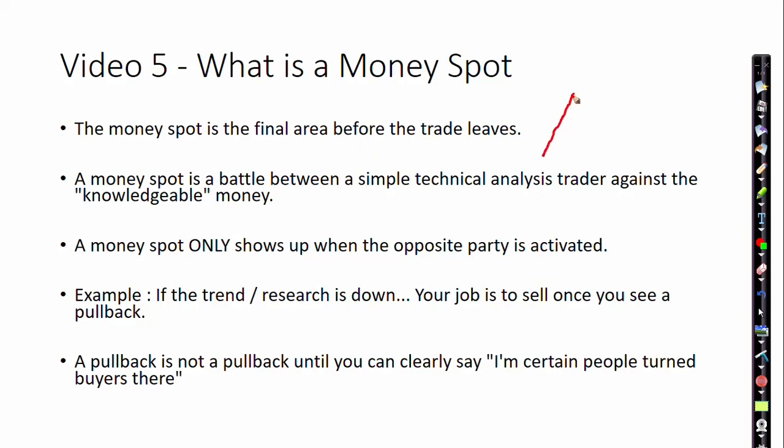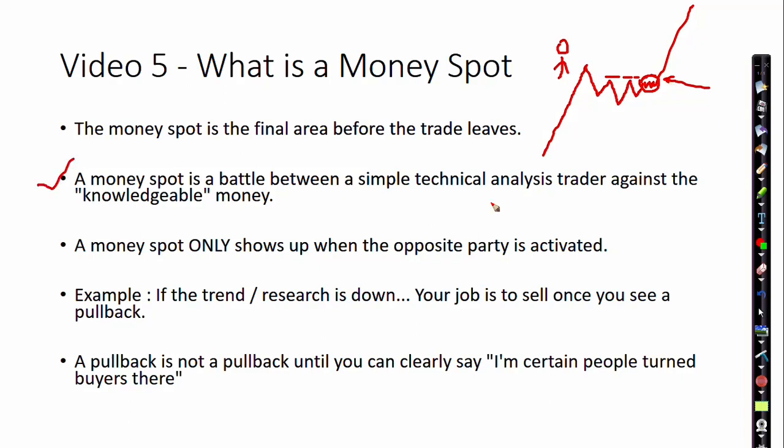Let's say the market is running in an uptrend and the rubber band man starts running toward the downside, and he takes a rest, again creates a low, again he takes a full rest, not able to create a lower low, and price just goes near this higher point, and after that it starts running sideways. This sideways area is called a money spot, and this is the final area before traders leave from this area. So exactly, we are looking to buy in this area.